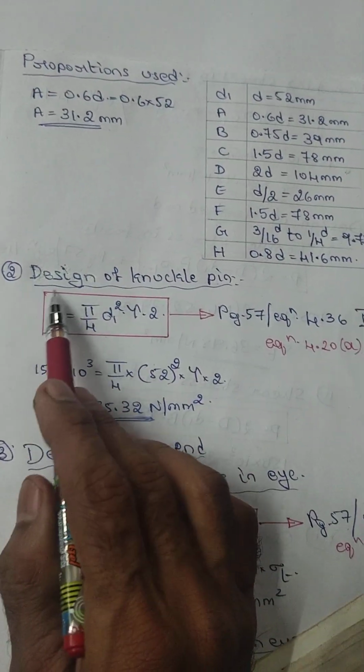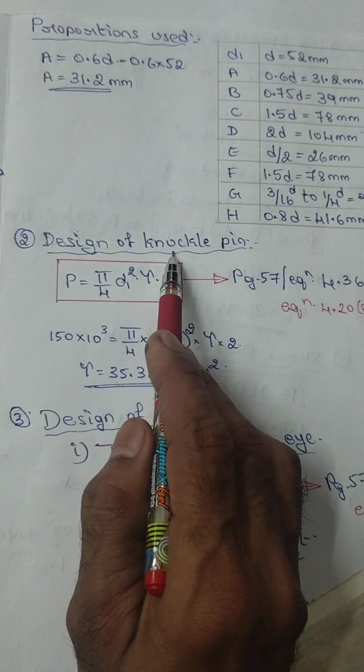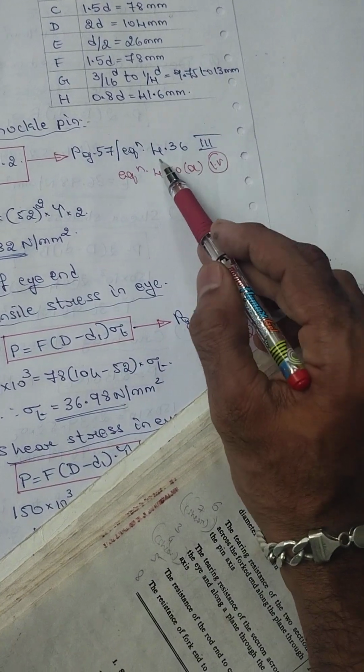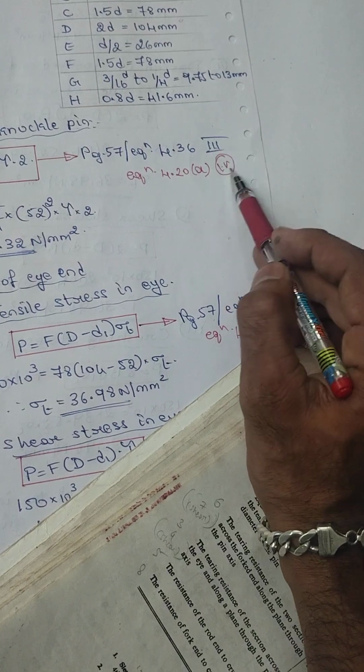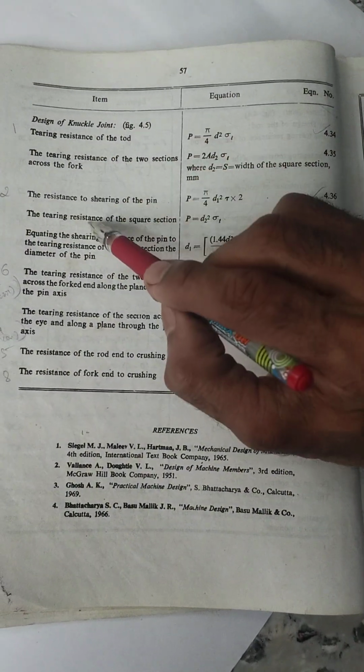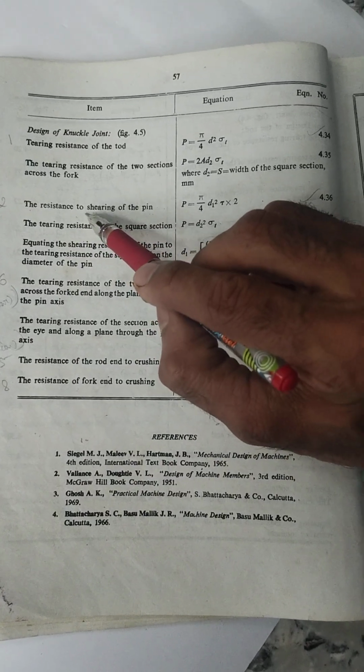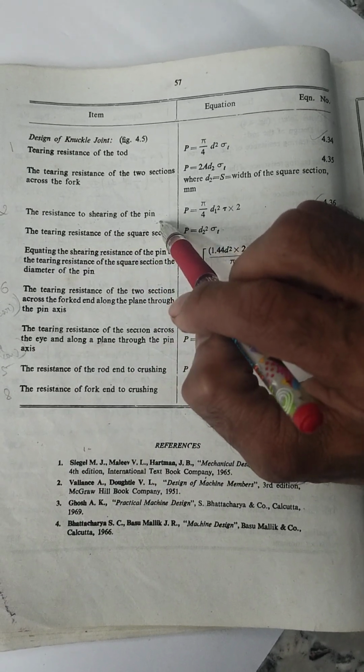So we'll go to the second step, design of knuckle pin. That equation is 4.36 in the third edition. Here you can write design of knuckle pin, or as well, the resistance to shearing of the pin.